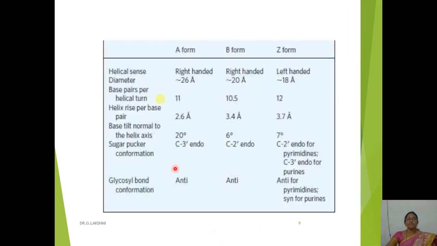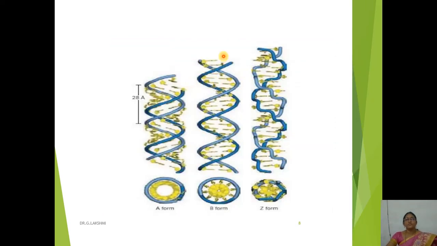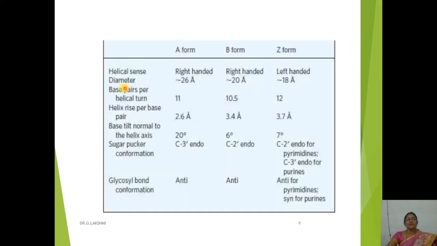Here you see the differences between the A form, B form and Z form of the DNA. First we have to see the helical sense, that is nothing but how it rotates. A form is right-handed and B form is right-handed. As I already showed you here, these two are right-handed double helical structures, whereas Z form is left-handed. Diameter.